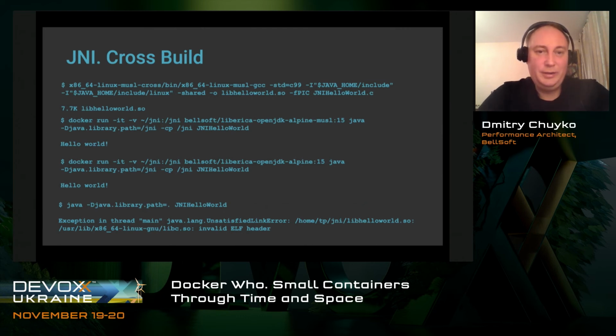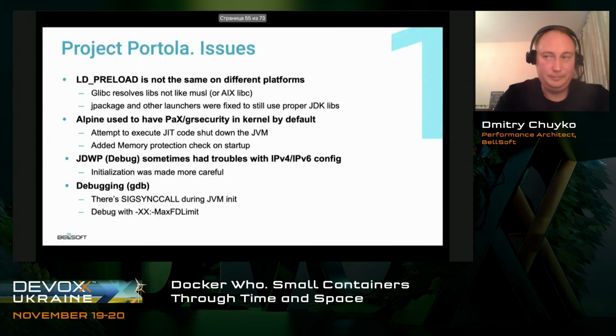Then we start the container and use that Java program, this JNI there. It's runnable in a musl environment with glibc layer, where it has that basic musl layer, of course. But then we try to run it in a pure glibc environment. It won't run, right? Because it's compiled for musl. And the binary compiled for glibc will, in most cases, also fail just like that.